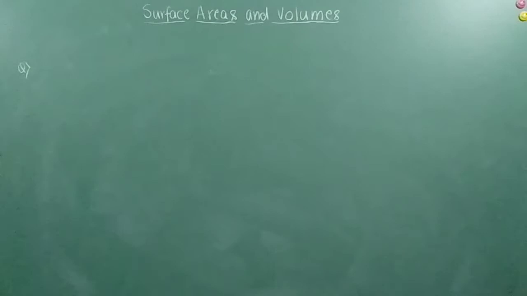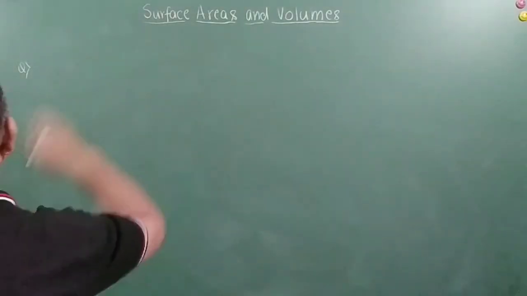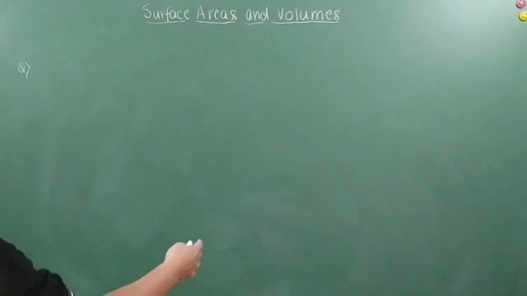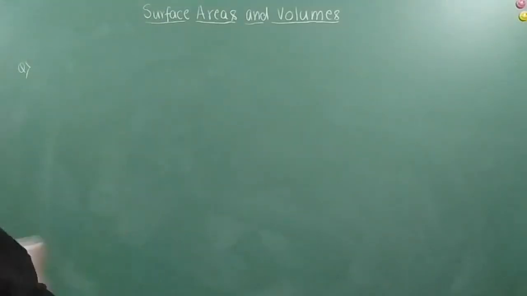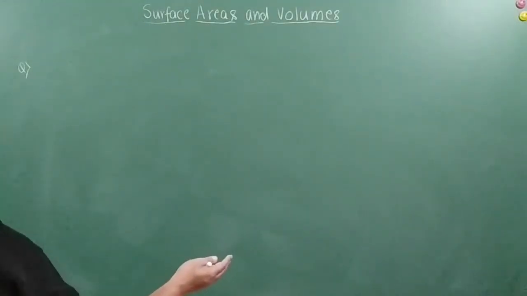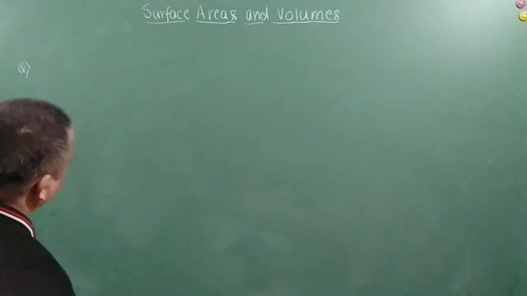So next one, what does it say? A tent is in the shape of a cylinder surmounted by a conical top. If the height and diameter of the cylindrical part are 2.1 and 4, height is 2.1 and dia is 4. Okay.